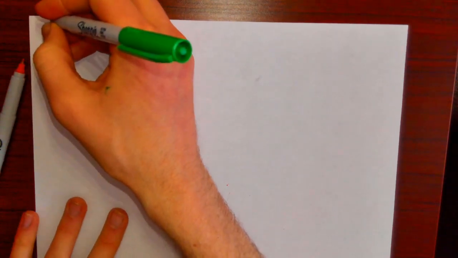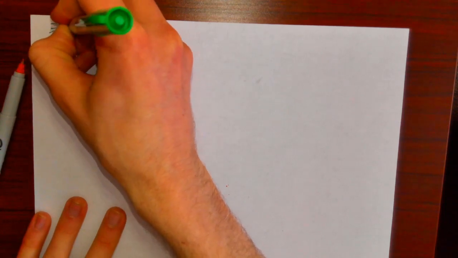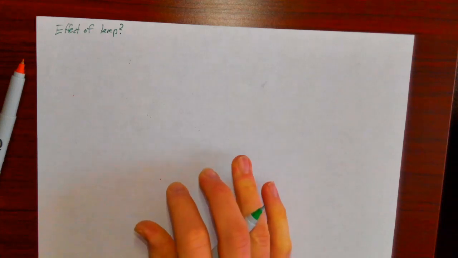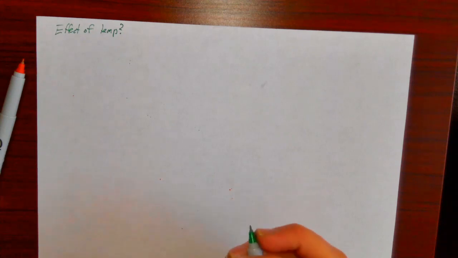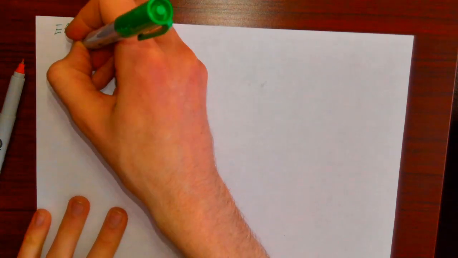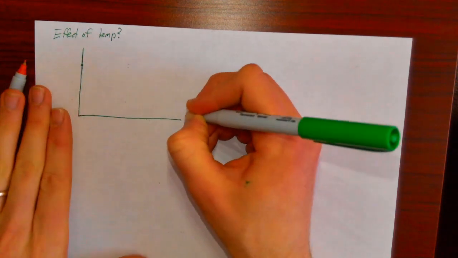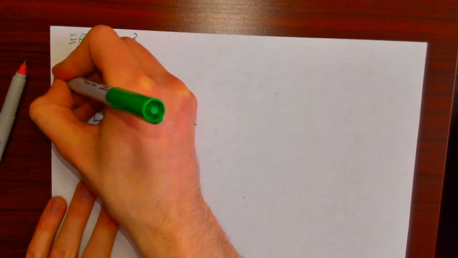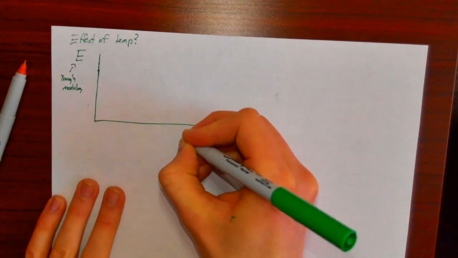Let's now talk about what about temperature. How might temperature affect this? Let's take a look. Let's imagine we were to make a plot of modulus of elasticity, or Young's modulus, versus temperature.